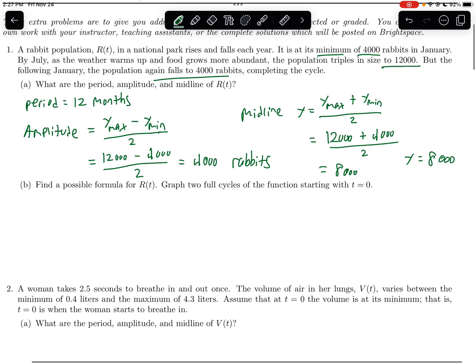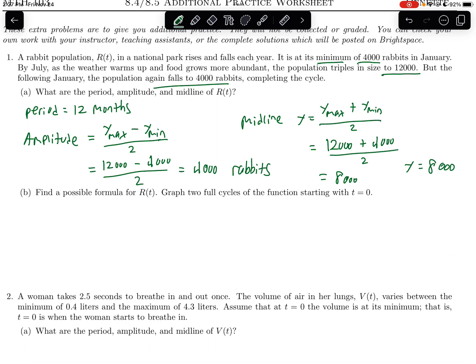For this, we have a lot of information from part A, but what we haven't discussed is whether it's a sine or cosine function, and further, whether it's a positive or a negative value here. To answer this, you need to look at where it begins.